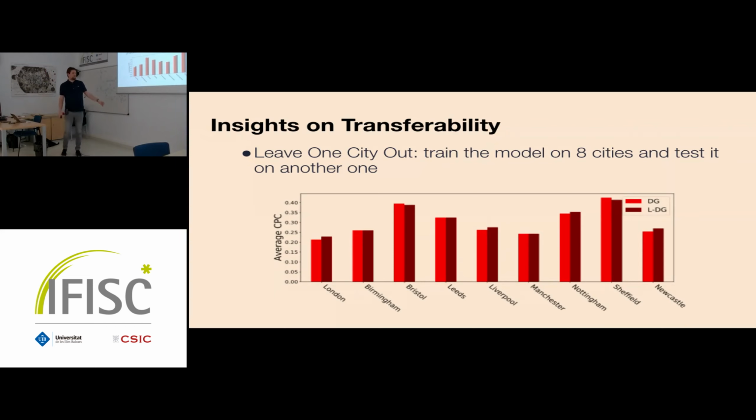The red line here is the result with deep gravity, and the brown line here is the result with leave one city out. So leave one city out is this: we take 8 of the 9 cities that we have to train the model, and the remaining city is just a test scenario.